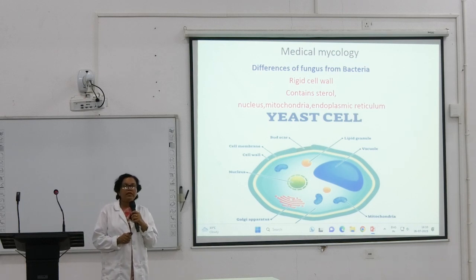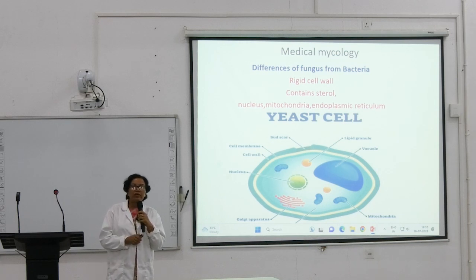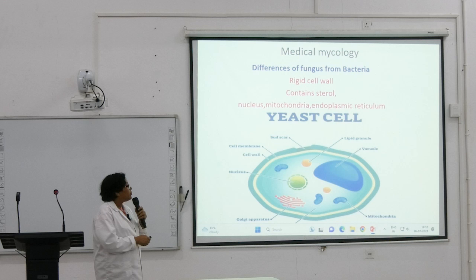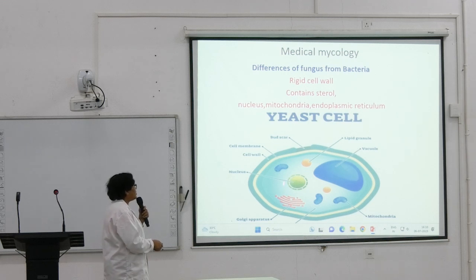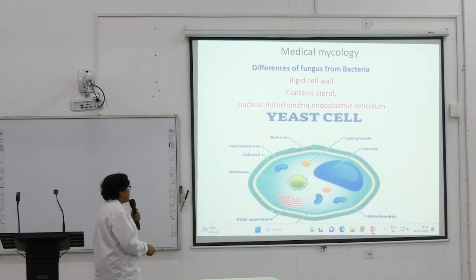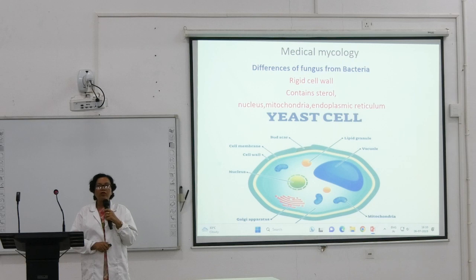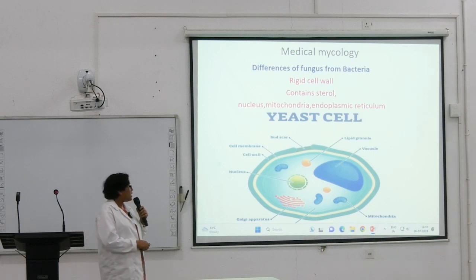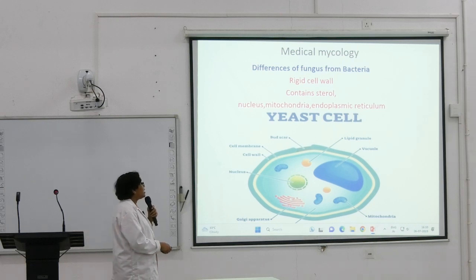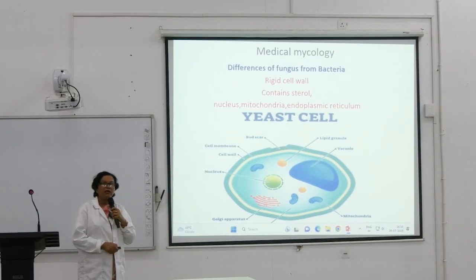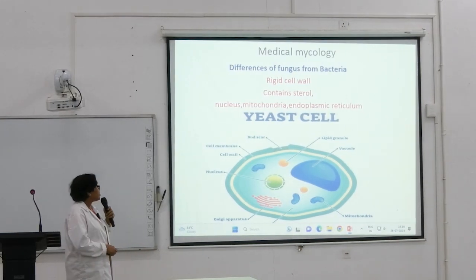Bacteria has only a chromosomal mass. There is Golgi apparatus and endoplasmic reticulum, which is absent in prokaryotes or bacteria. It has mitochondria, which is absent in the bacterial or prokaryotic cell.